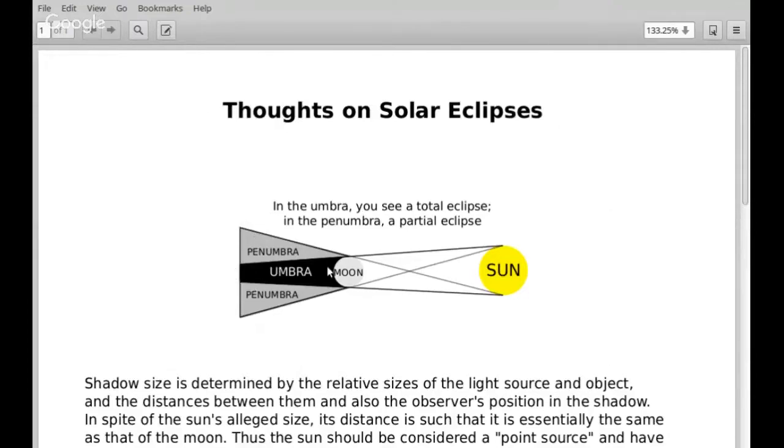That distance to the inner edge, I guess you'd call it the object edge of the first body, and then there's a distance between that outer edge and the inner edge of the light source, and the relative sizes of these things. Those all are factors in determining the total size of the shadow, which is the penumbra, and the dark inner part where there isn't any light, given a single light source.